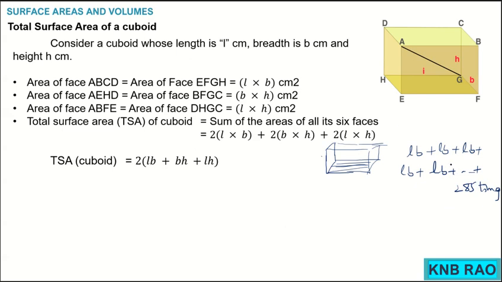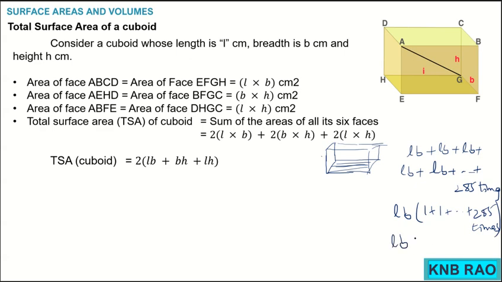If I added LB 285 times, can I take that LB common? If I take LB common, what will be the number that comes? 1 plus 1 plus 1 plus 1 and so on. So how many times does it come? 285 times I am adding that LB.